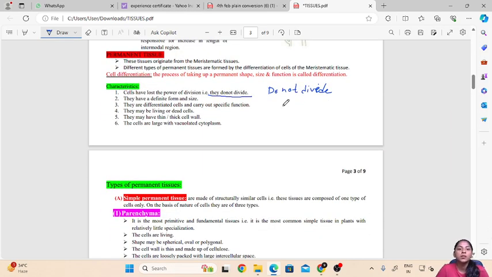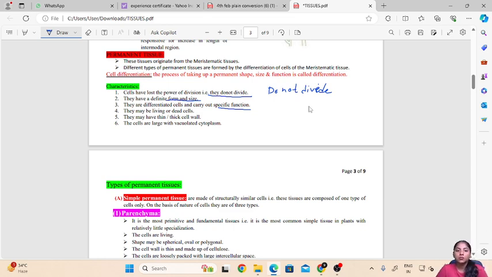Then permanent tissue has definite shape, size and form. As we have already read, they take up a specific size or structure. Then they are differentiated cells and carry out a specific function or a specific role. Then permanent tissue cells may be living or dead cells.